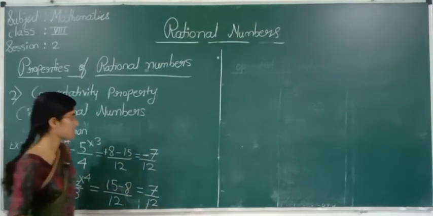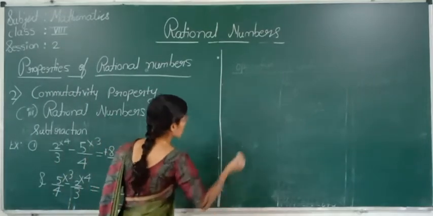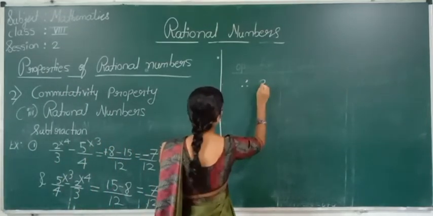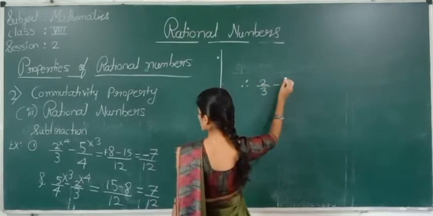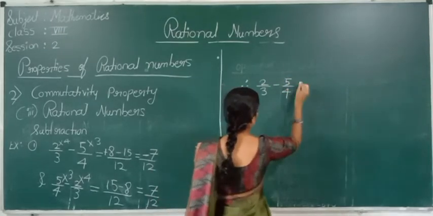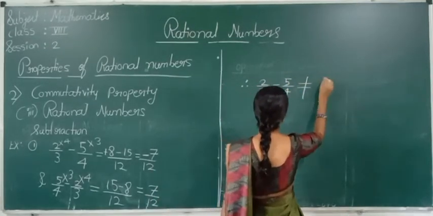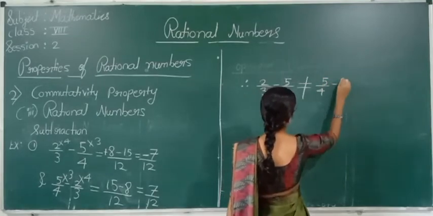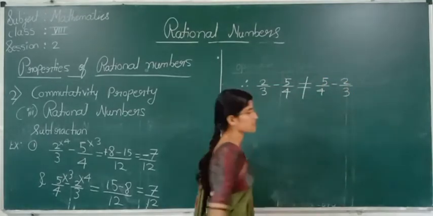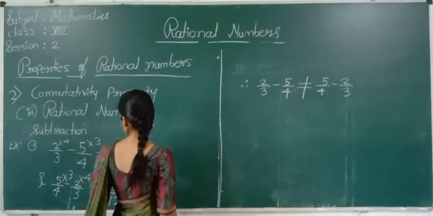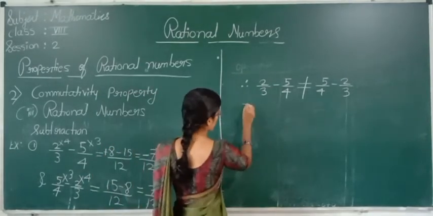Therefore, what can we tell here? Therefore, 2 by 3 minus 5 by 4 is not equal to 5 by 4 minus 2 by 3. Yes? Say in general, what can we tell?